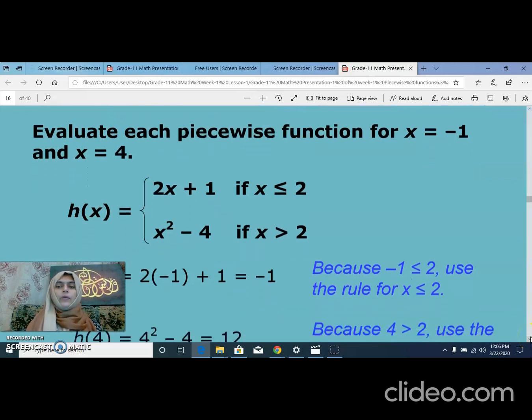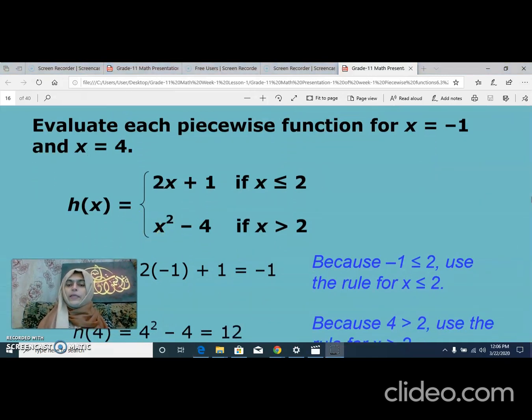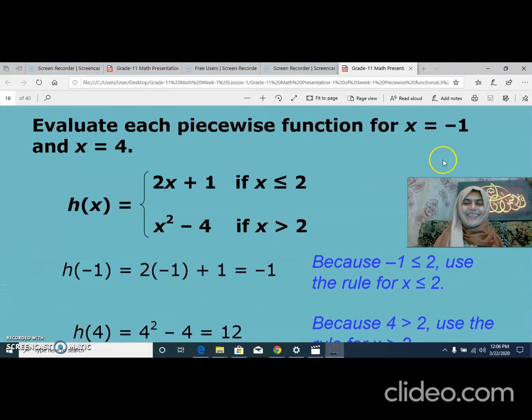Here we go. When x is -1, we need to plug in the x value. Where do I have to plug it in, here or here? That depends upon the domain. Choose your domain properly. Domain is the x value.